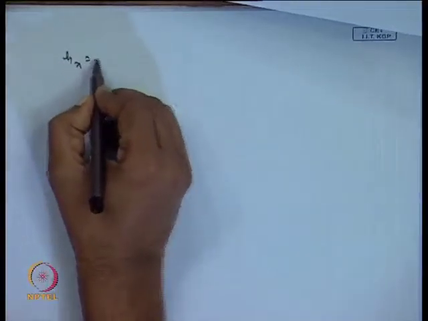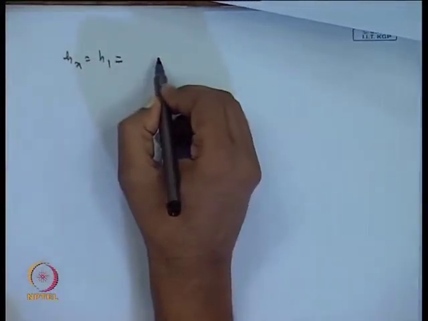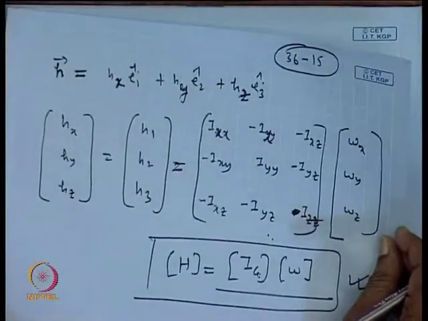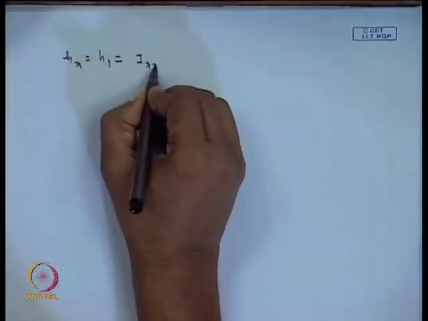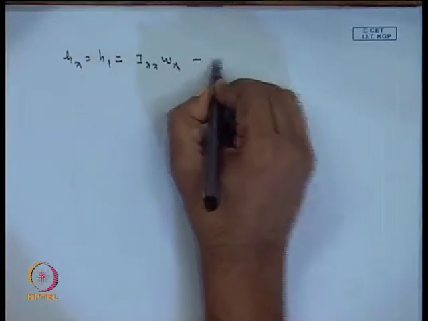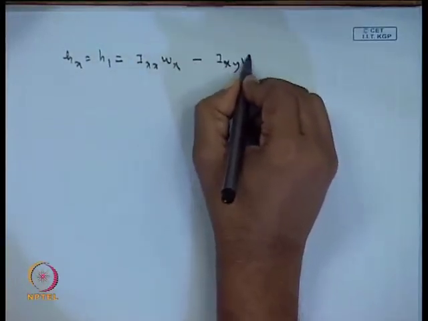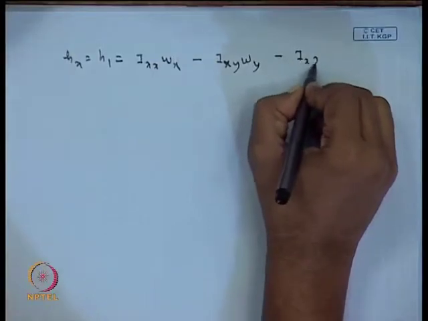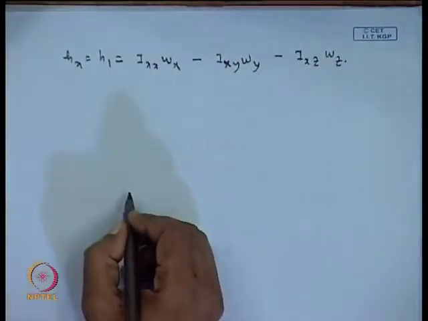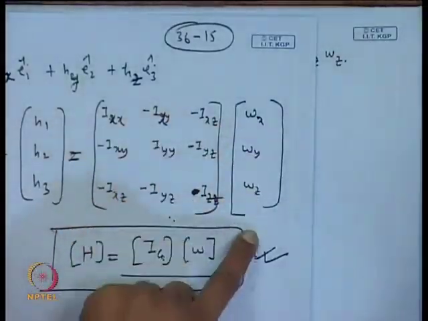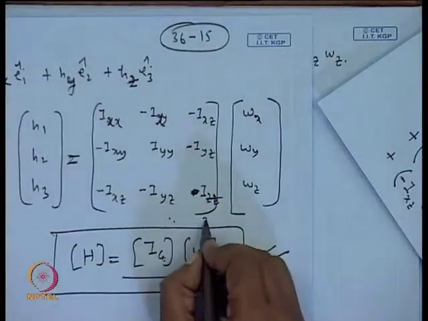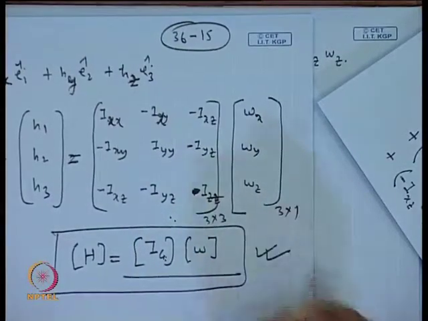So, you see that from this place your Hx or either H1 which you are writing is nothing but this particular quantity from here to here. So, this is your I_xx omega_x minus I_xy omega_y minus I_xz omega_z, and this you can also get from here if you do the matrix multiplication. So, this is a 3 by 3 matrix and a 3 by 1 vector.